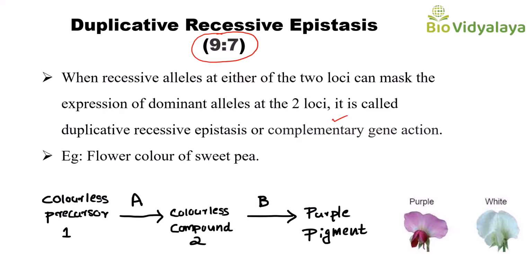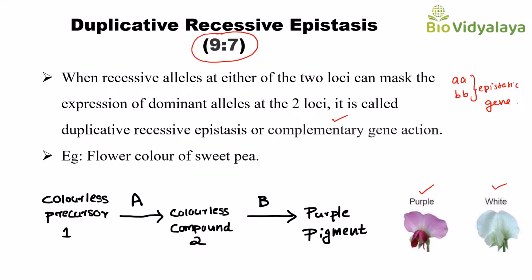So that epistasis gene can be small a or small b. Okay. Example is flower color of sweet pea. Here you can see that this is purple flower, this is white flower.